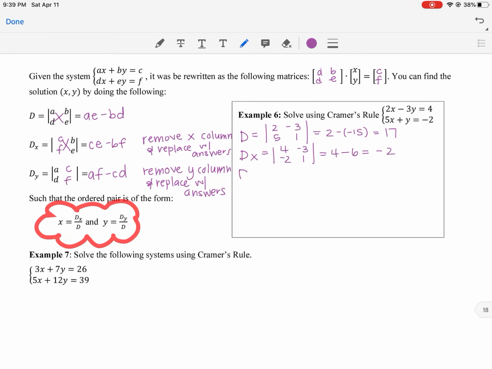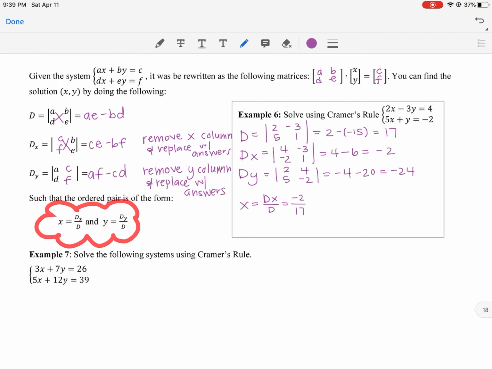And then the determinant of matrix Y is going to be, leave the x's this time, but replace the y's. So the -3 and 1 with 4 and -2. 2 times -2 is -4, minus 4 times 5 is 20, so we get -24.